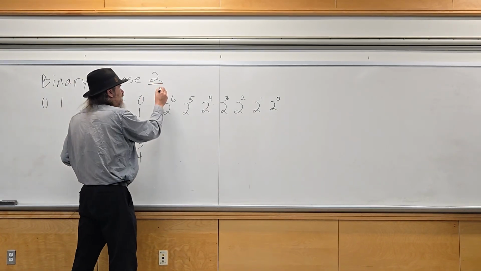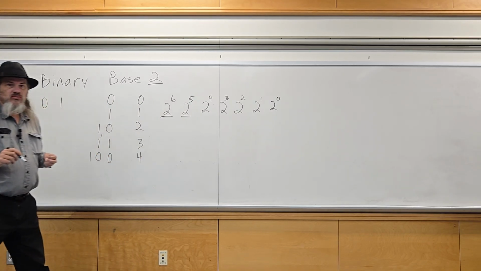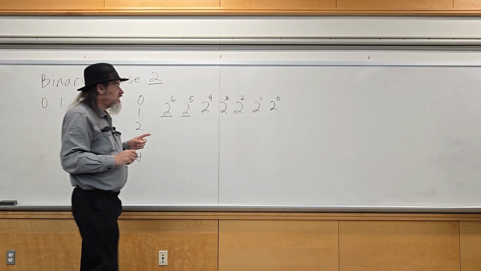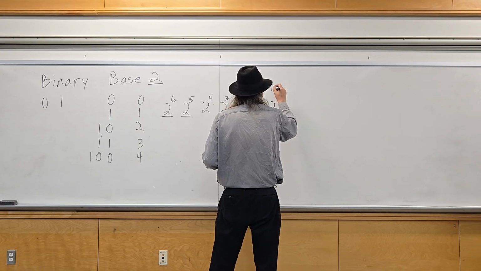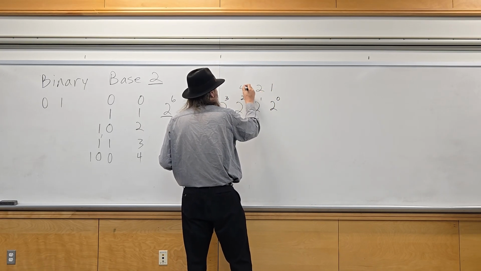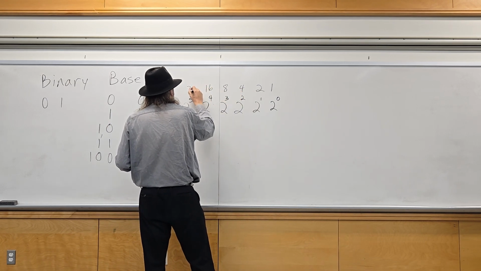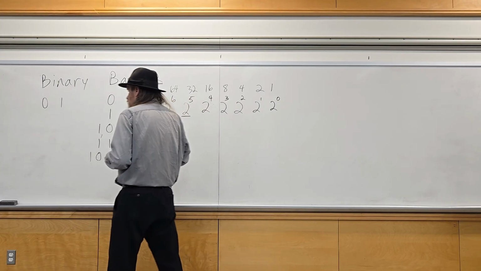In binary, it's powers of 2. It's the power of the base that you're using. So the value of each position is going to be 1, since 2 to the 0 is 1, then 2, 4, 8, 16, 32, 64, etc.